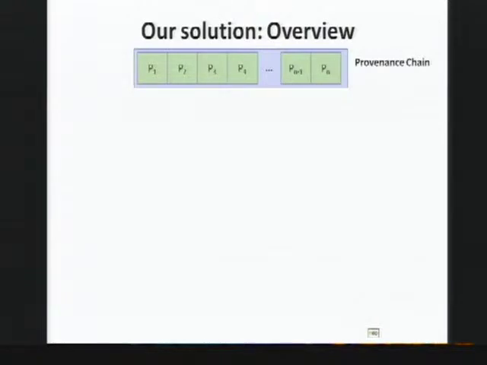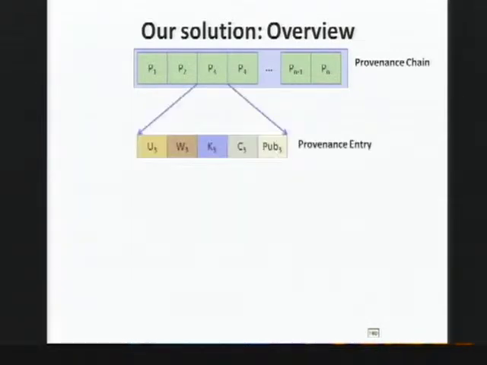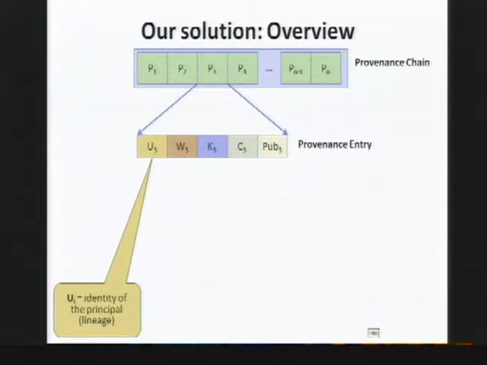In our model, we assume that provenance is in the form of a chain. Each entry in a provenance chain contains the actions or record of actions by a user. And each provenance record has this schema. We have the user component, which contains the identity of the principal.